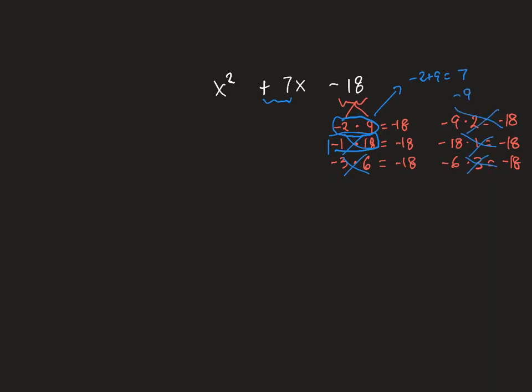Negative 9 plus 2 is going to give me negative 7, which is not what I want. I want a plus. So we found our factors. And the second we found our factors, we simply go x, I know that I should have a minus 2, so minus 2, and a plus 9. And just like that, you have factored this simple trinomial.